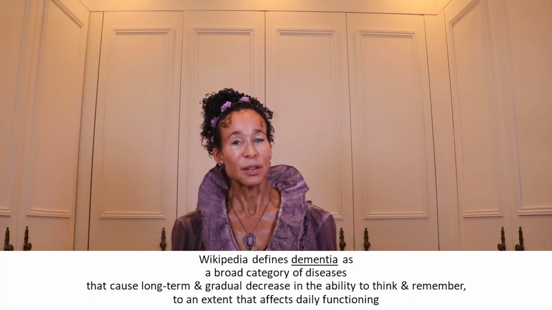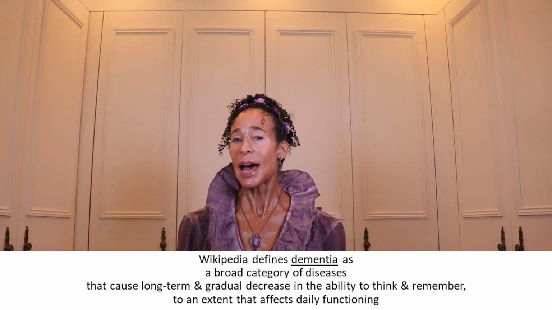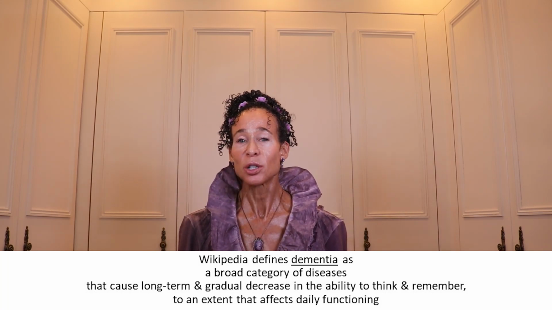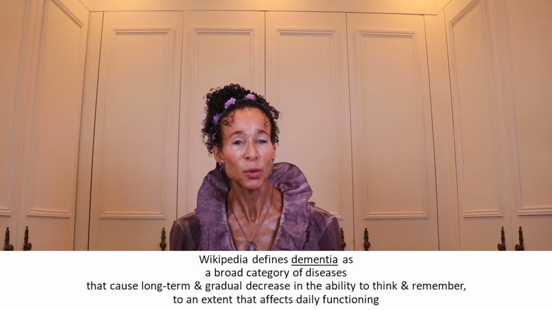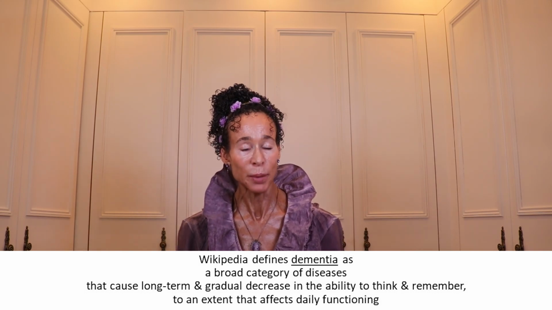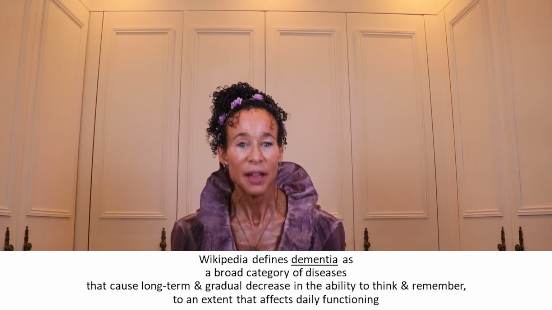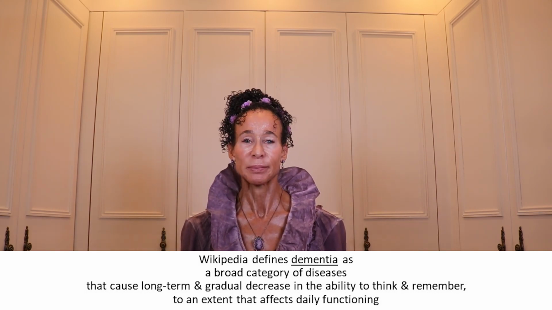Wikipedia defines dementia as a broad category of diseases that cause long-term and gradual decrease in the ability to think and remember to an extent that affects daily functioning.